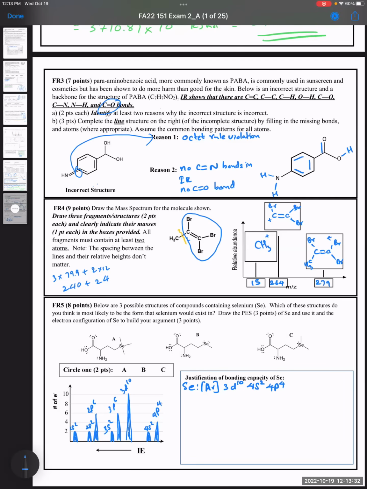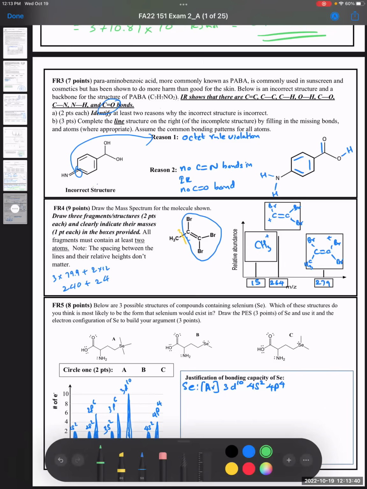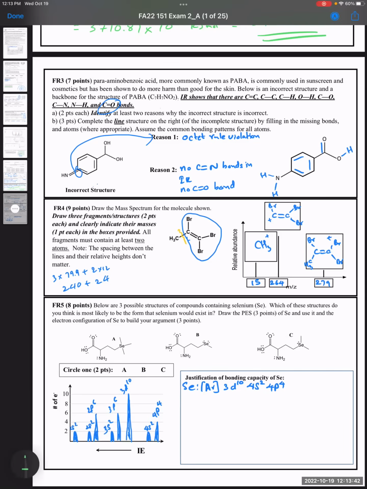All right, so here's what we have. This is going to be the core, and this is going to be the valence. Valence is the outermost shell. The outermost shell is the fourth shell. In the fourth shell, we have 6 electrons.